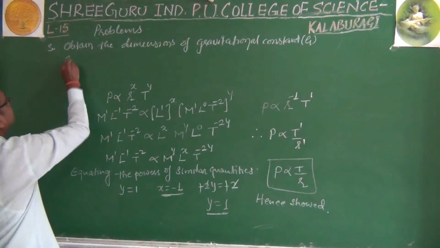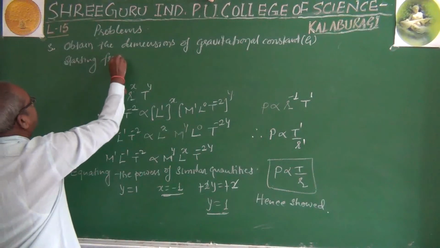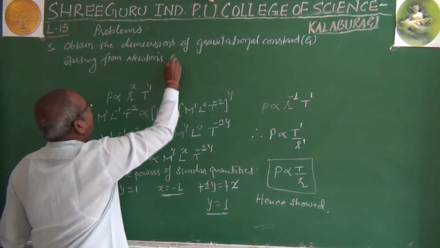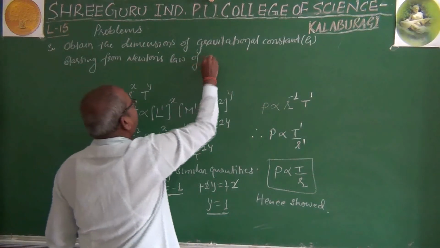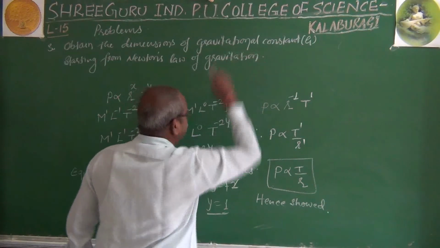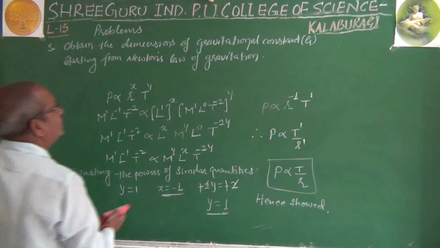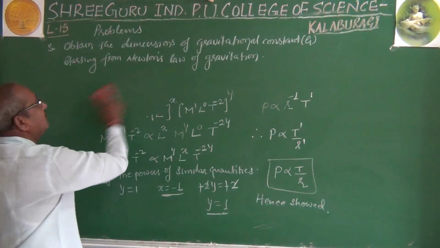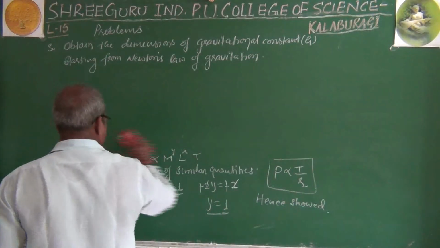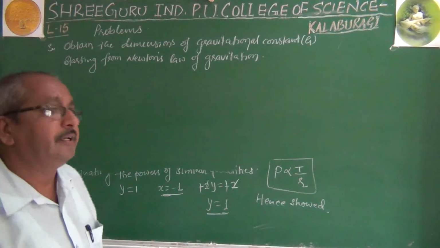Starting from Newton's law of gravitation. That means here we have to obtain the dimensional equation or dimensional formula for the gravitational constant by using Newton's law of gravitation.